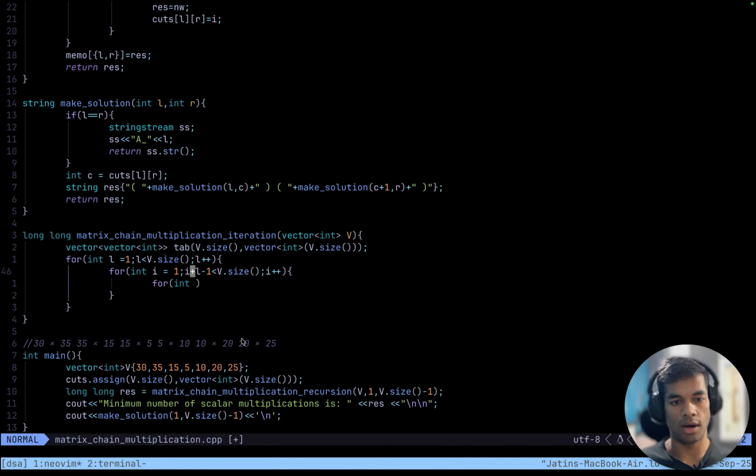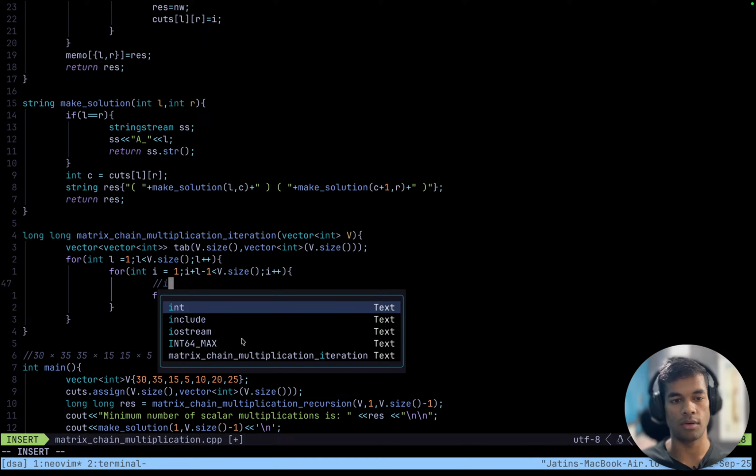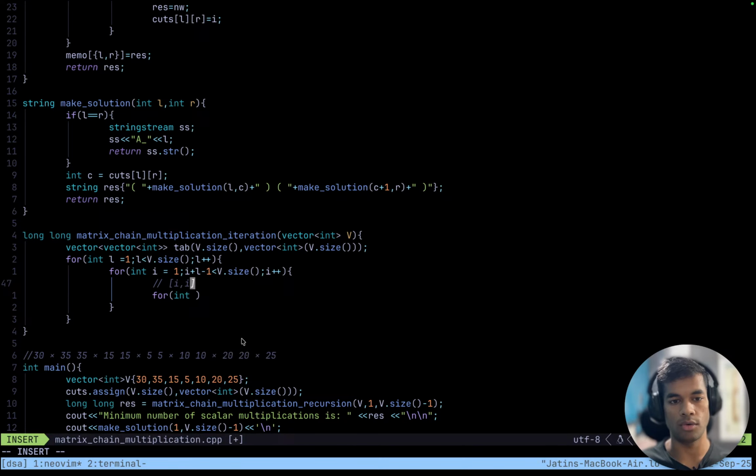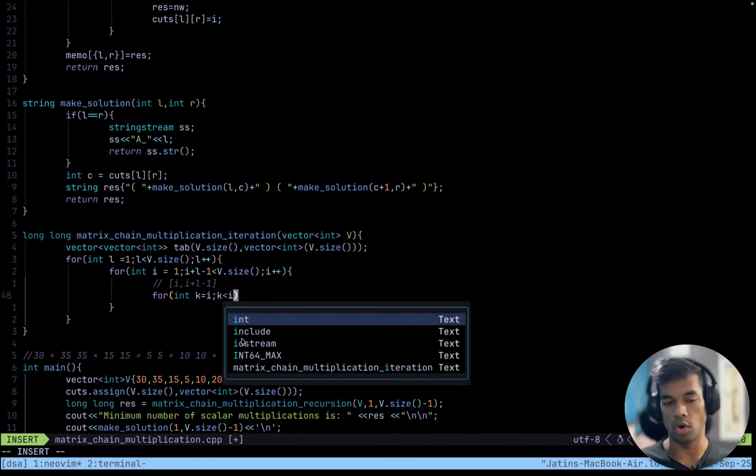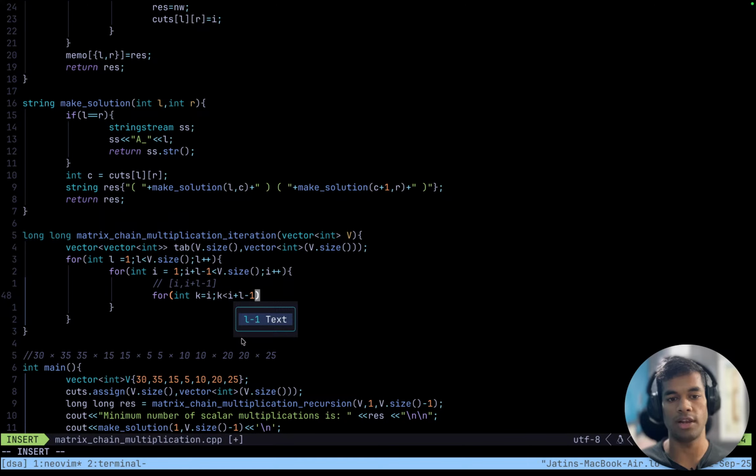So our range is from i to i plus L minus 1, where i plus L minus 1 is included. So we will have k equals i initially, and k less than i plus L minus 1, because we do not want k to go up to that element, and k plus plus.